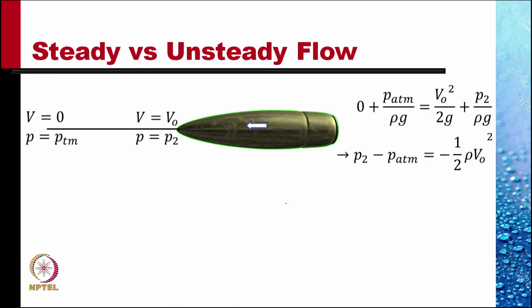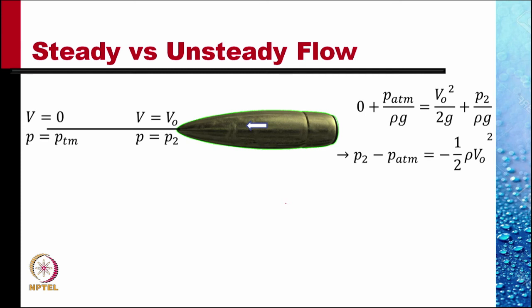This is clearly against the observed phenomena. The pressure at the nose of this projectile is always more than the atmospheric pressure. So where have we gone wrong? This projectile is moving at a large speed so that the Reynolds number can be taken as very high. We are on the same streamline.